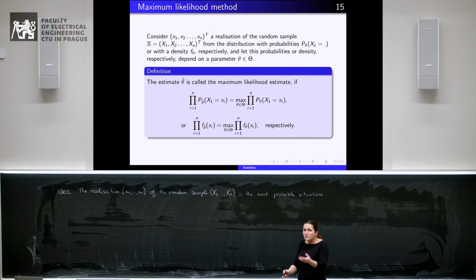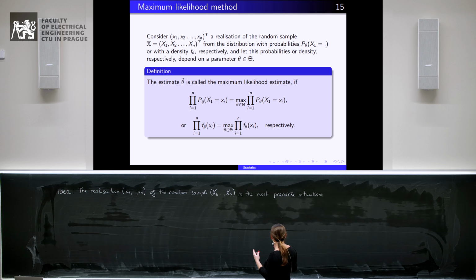And so we suppose that the values which we sampled are the most probable we could obtain. And what does it mean from mathematical point of view?